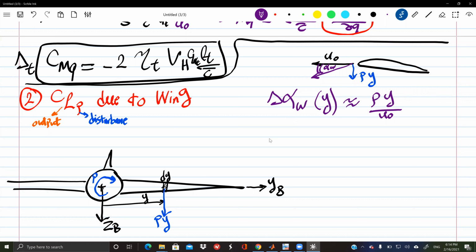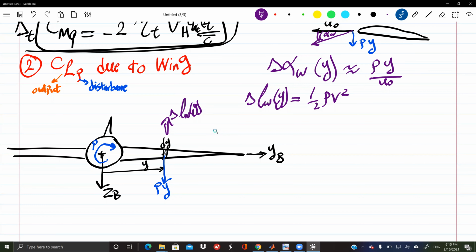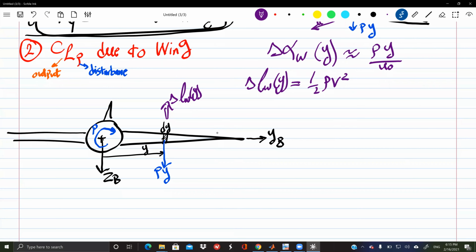And if the angle of attack increases, what will happen to the lift on that section? The lift simply increases. So this is delta lift of the wing at this y, simply here 1/2 rho V squared, no subscript. This is the wing. And then times the area. Well, unfortunately, I'm not taking the entire wing.